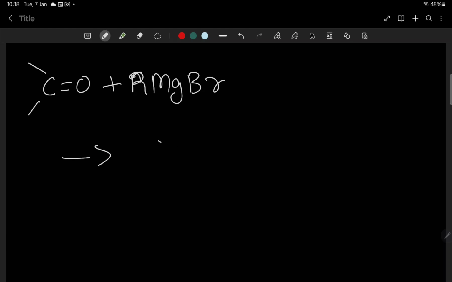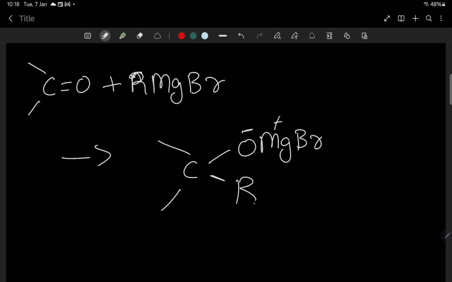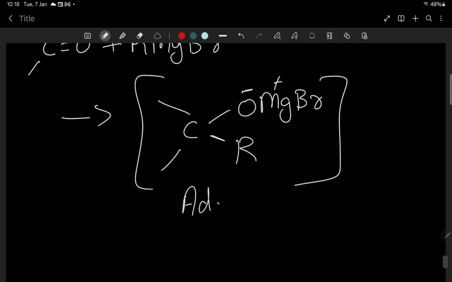Now, into an aldehyde or ketone, if I am adding Grignard's reagent, RMgBr, we do it the same way. We get OMgBr, O minus plus R. This was called an adduct, and this was one of the methods of preparation of alcohol.